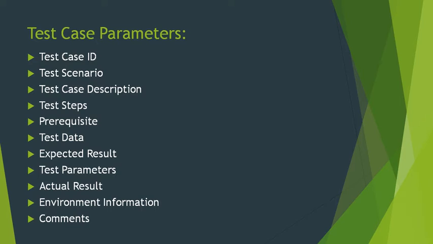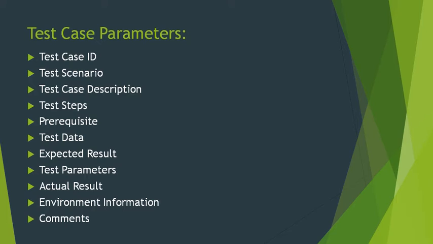We can write the test cases in Excel, in Word, or in any other document format. There are certain test case parameters which we need to enter into the document.